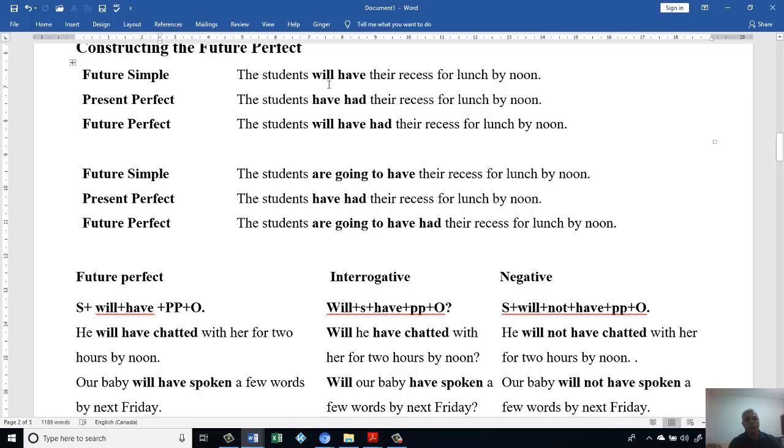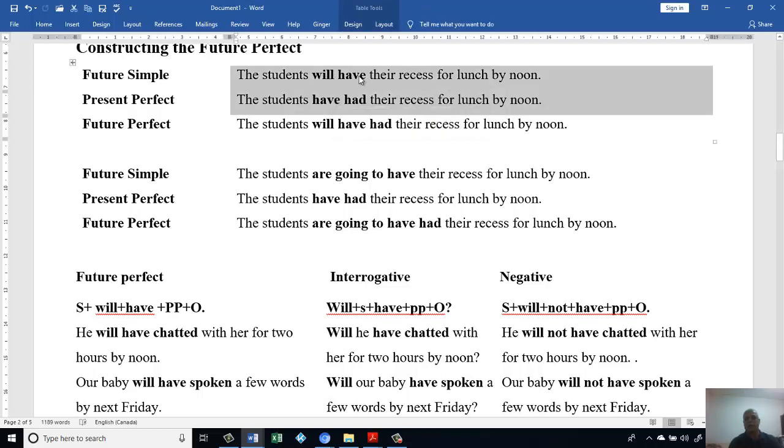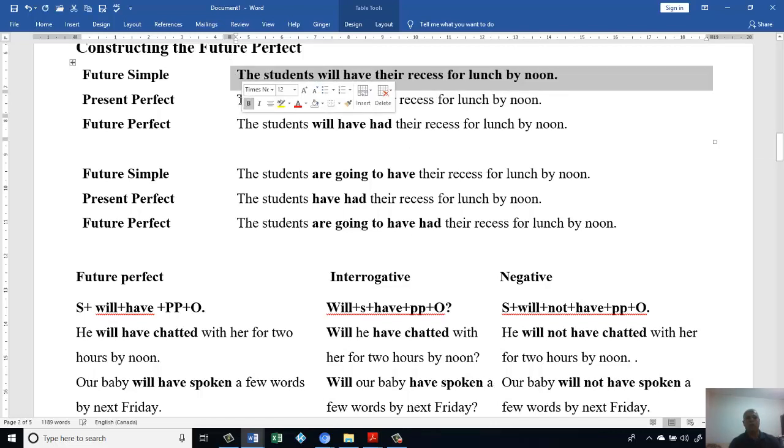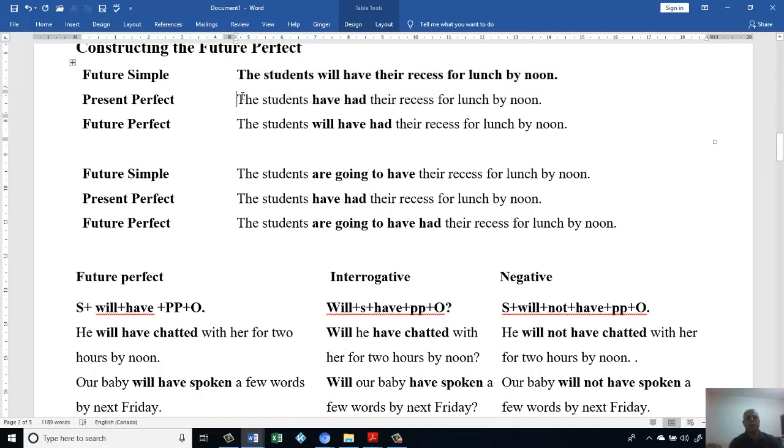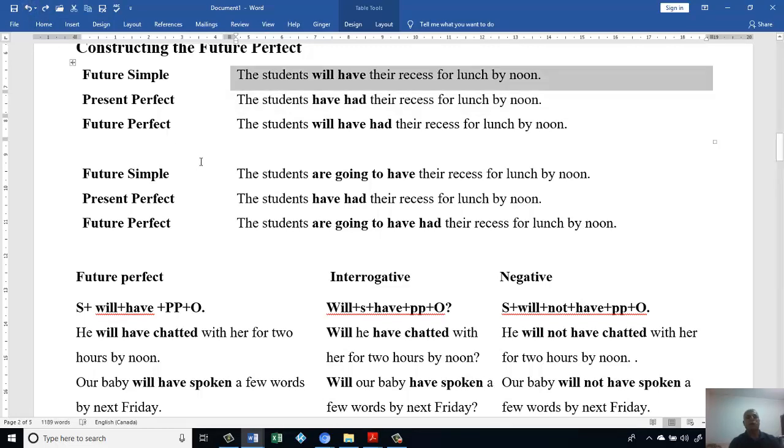Then we have to make those two sentences together act as one sentence, because the first one is future simple and the second is present perfect. Then look here, that's how we do it.